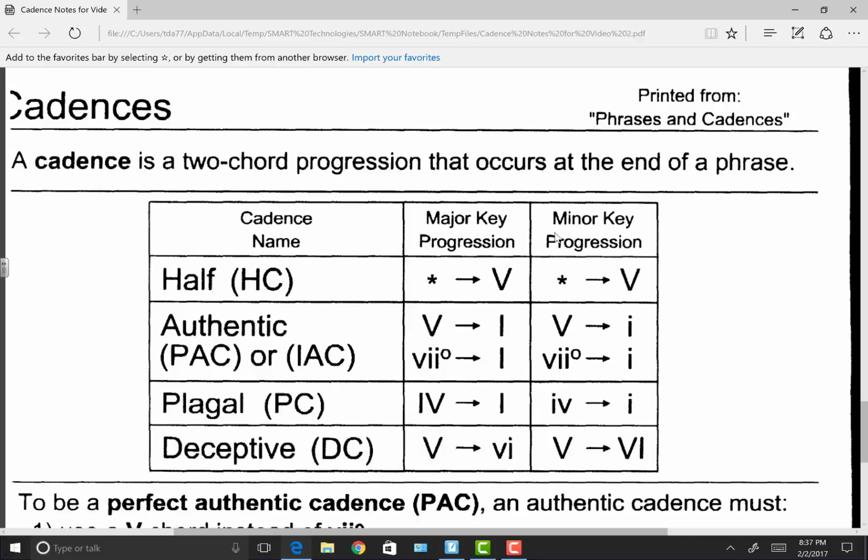For perfect authentic, as long as soprano sings tonic in the 1 chord. Or imperfect authentic cadence, such as a 7 diminished 6 to a 1 in major or minor. Plagal cadence, 4 to a 1 in major or minor. Deceptive cadence, 5 to a minor 6 in major, or 5 to a major 6 in minor.